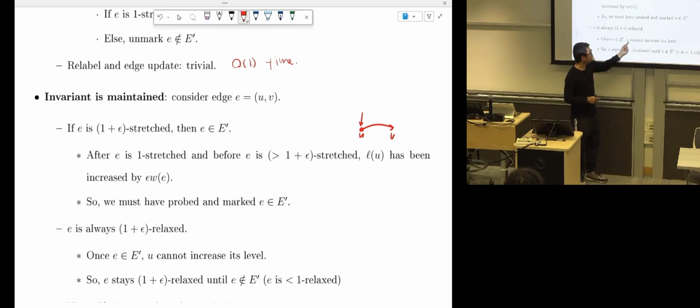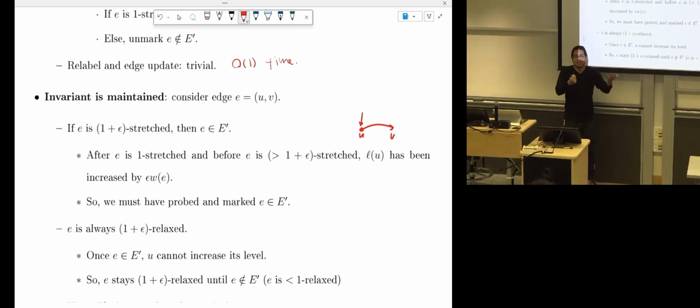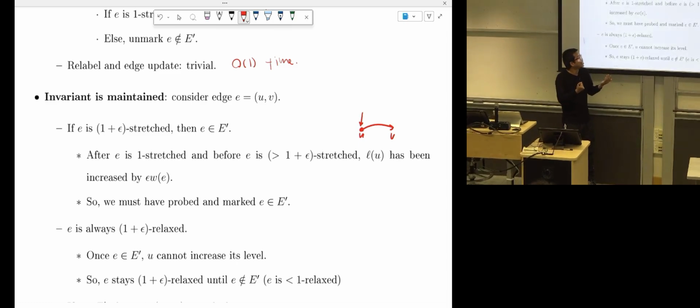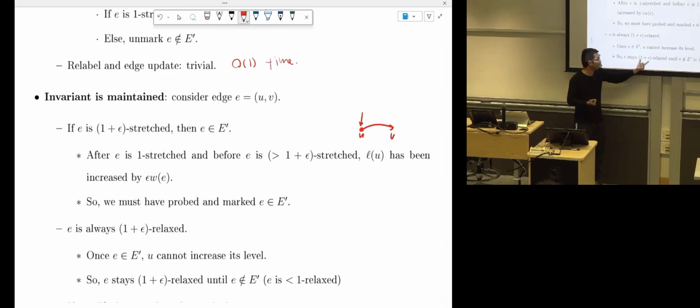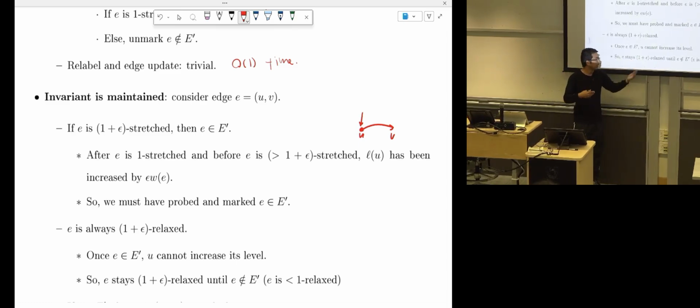So if you cannot increase the level, then this edge E will not become more stretched after this. So it will stay 1 plus epsilon relaxed until E is not even active.